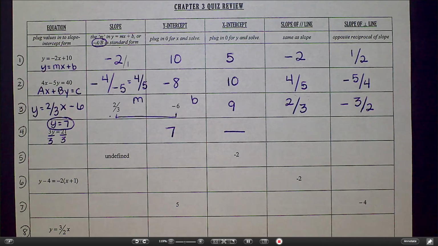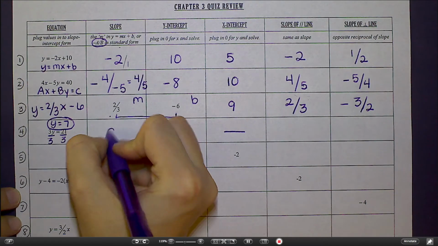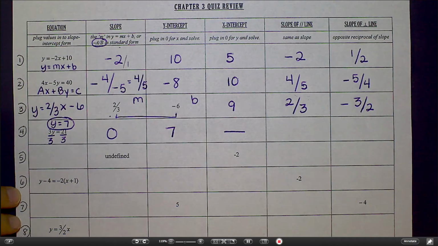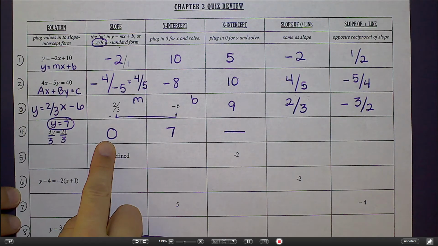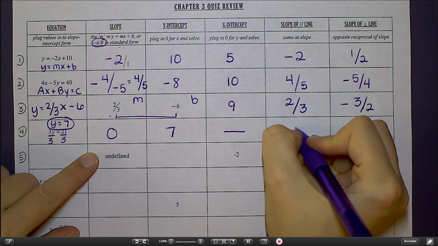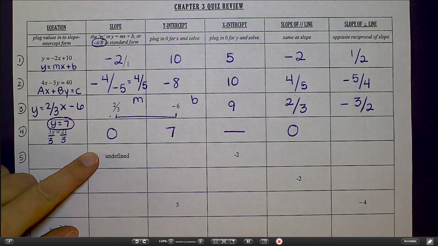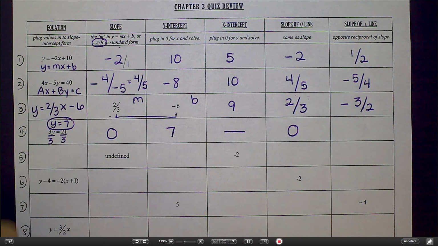So think about what kind of line would not cross the x-axis. That would be a horizontal line. And a horizontal line always has a slope of 0. So anytime you just have y equals a number, your slope is 0. That means my parallel line has a slope of 0. And then if you were to take 0 and flip it over, let me show you this quick.